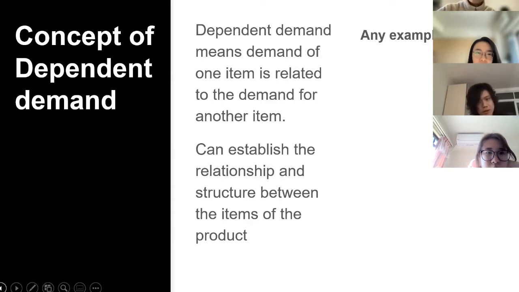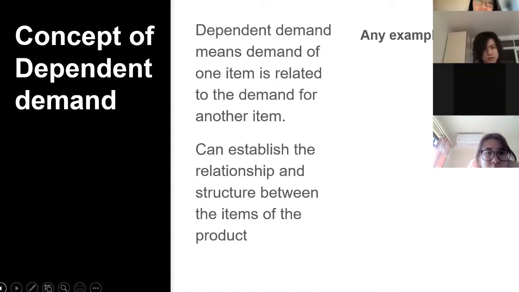Is tea leaf for bubble tea? Tea leaves for bubble tea? Okay, when you say tea leaves, what do you mean? The tea bags? Yeah, tea bag. Yes, that probably can be a dependent demand. How do you determine that it is actually a dependent demand in that tea case?